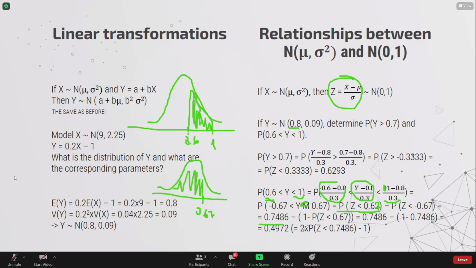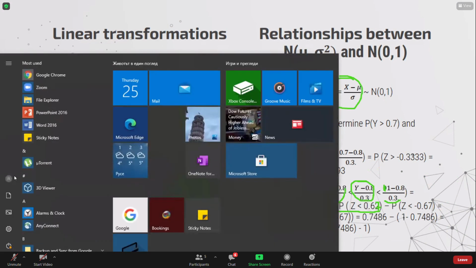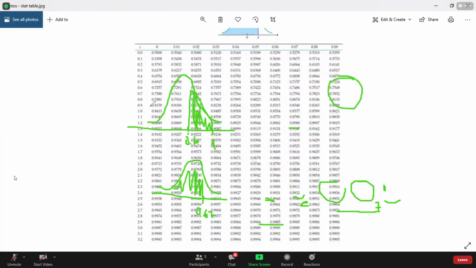So now we're searching for 0.62, oops, I have to, no, I'm not 67.